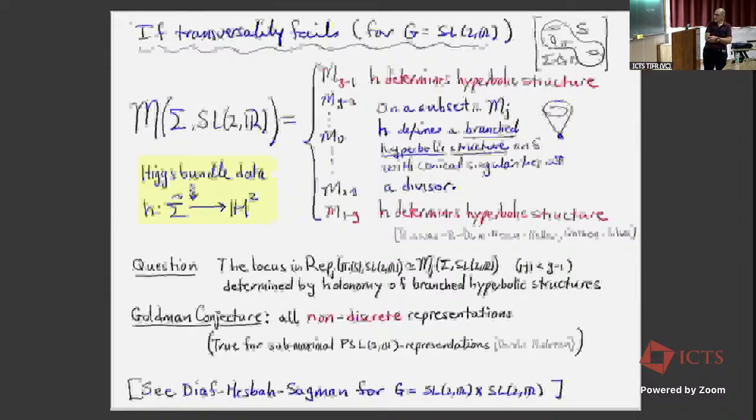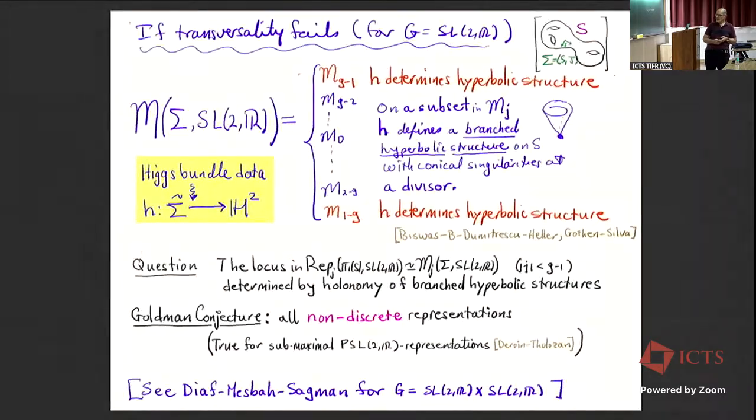In general, this is still an open question, though the conjecture is that you can identify exactly which the representations are, namely the non-discrete ones.